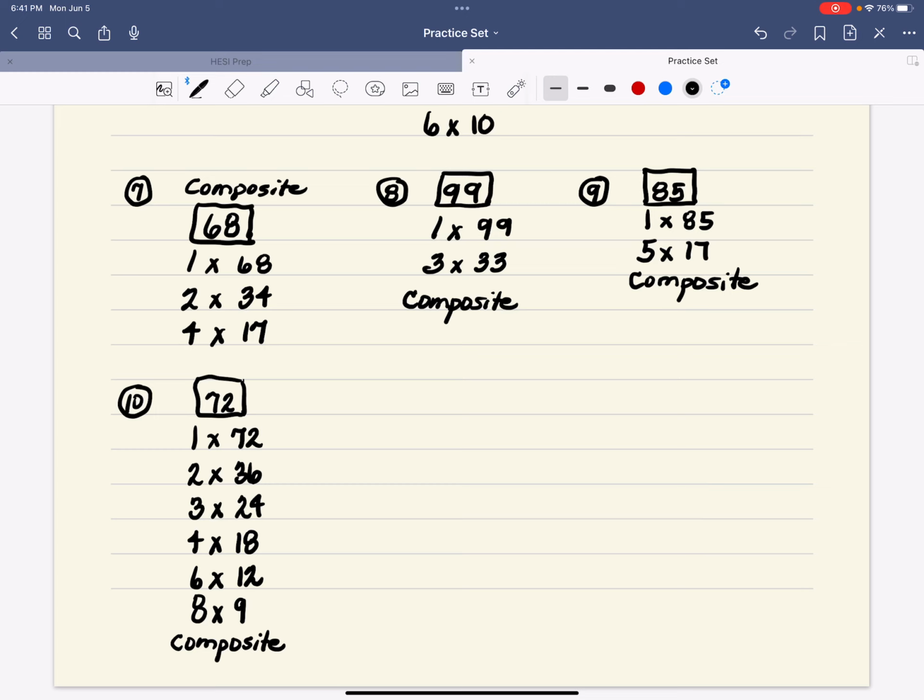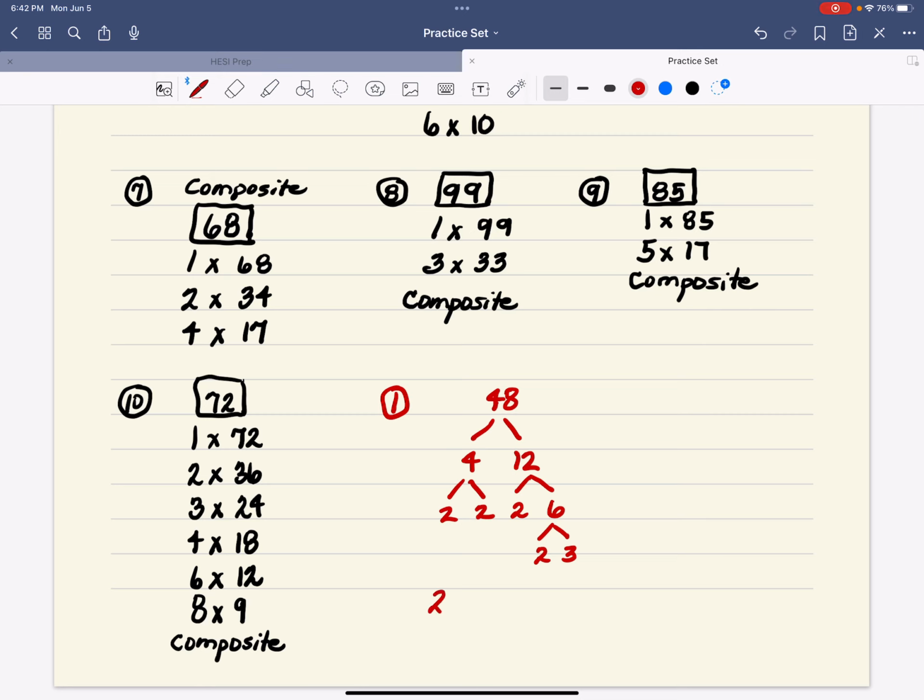Okay, the next one tells me to list the prime factorization for each number. So for 48, first thing that comes to my mind is 4 and 12, but you can use any that you want. Just remember to bring them all the way down as far as they'll go.